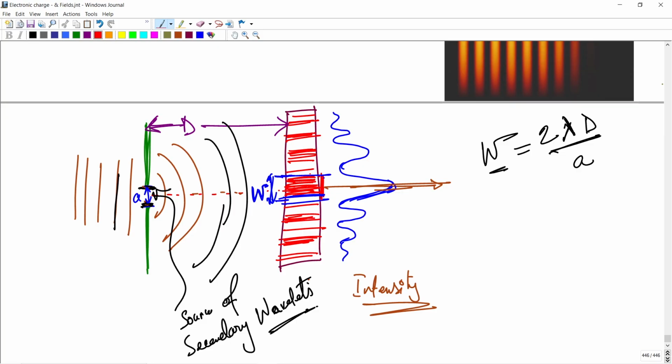So W is the width of the central fringe. Actually, the width is very large, so that's why this is the width of the central fringe.